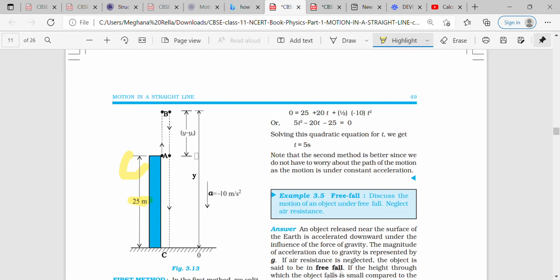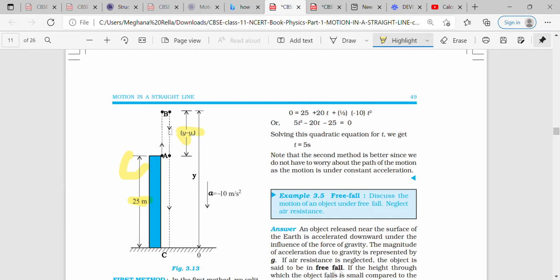So what we want to understand is, the acceleration is minus 10 meters per second squared. This is 25. We know this. Let's assume the height is y.